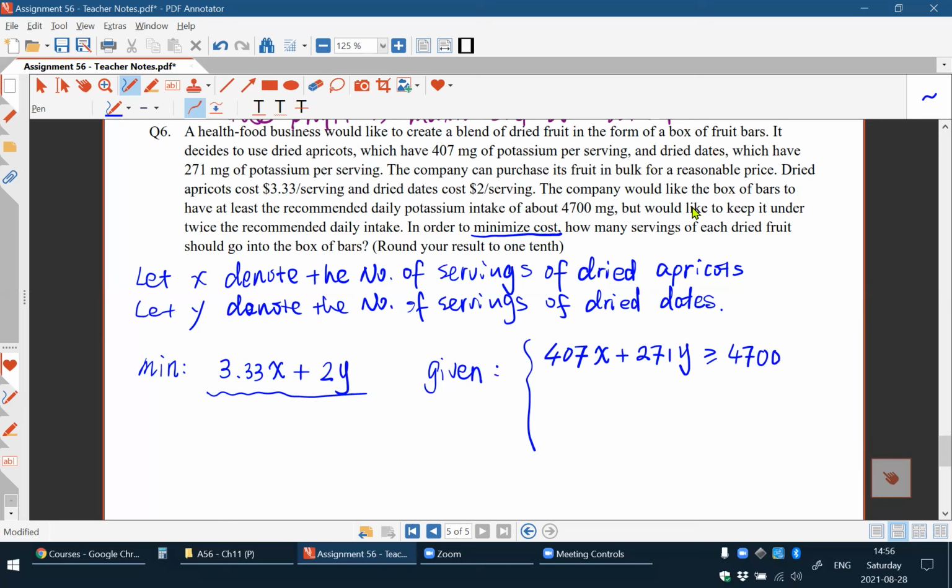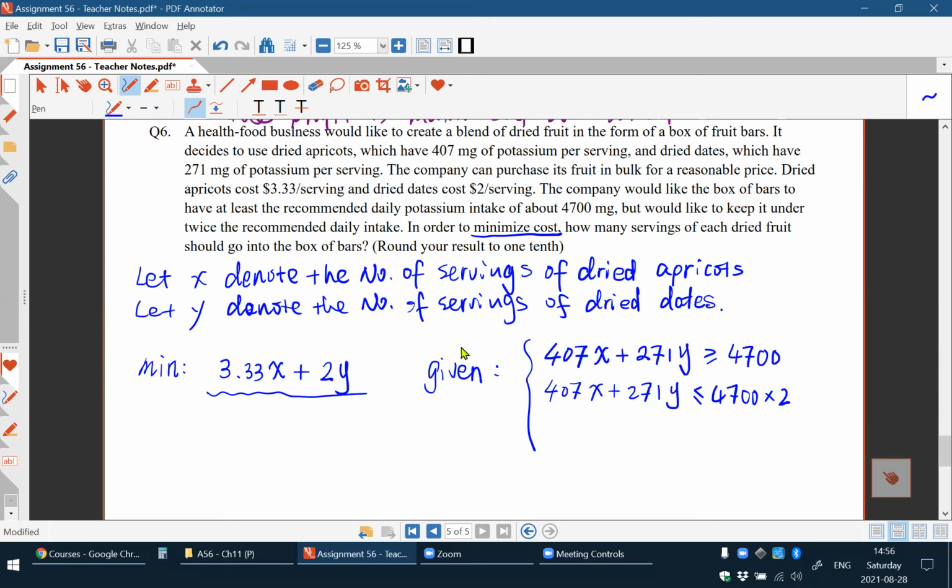Another constraint is to keep it under twice the recommended daily intake. So the second constraint is that this number must also be less than or equal to twice the recommended value, which is 4700, right? Understand?